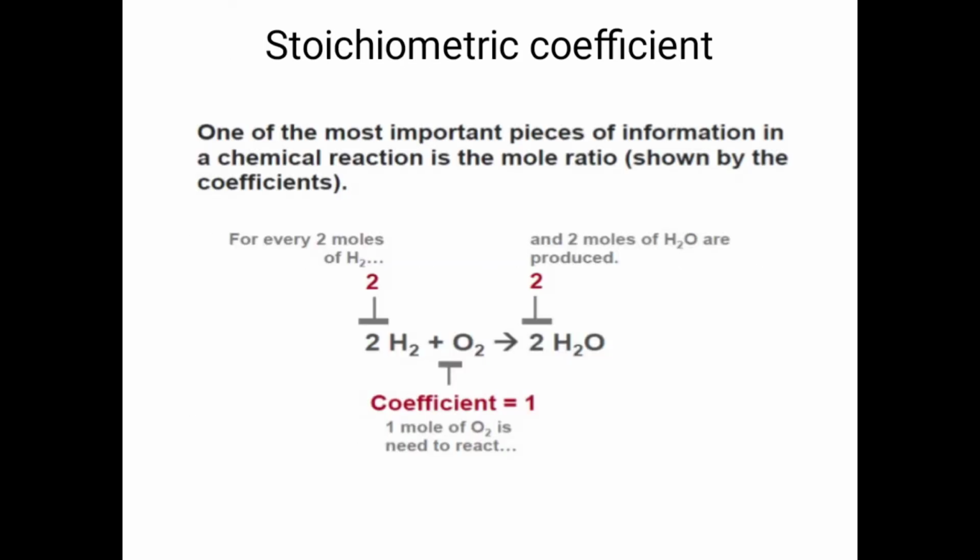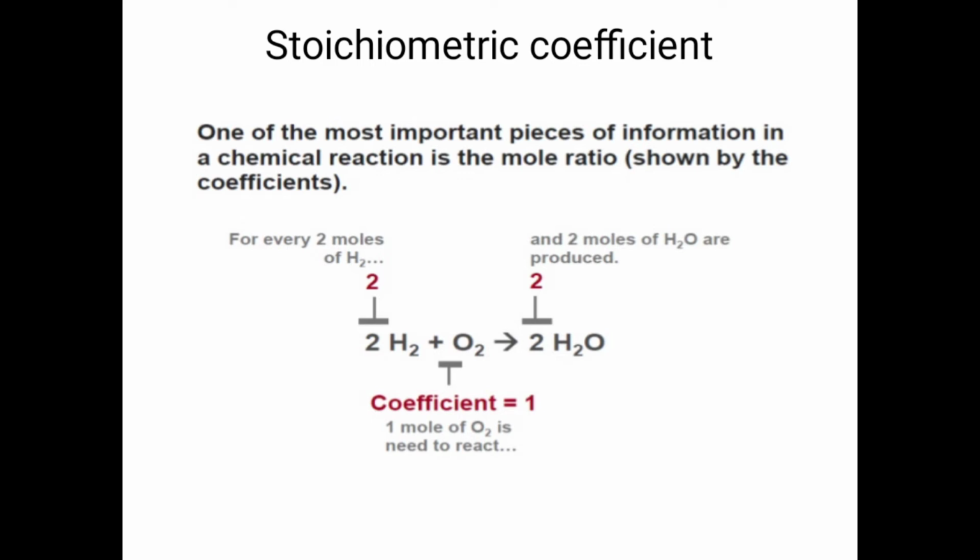Now let us discuss what a stoichiometric coefficient is. Consider the reaction 2H2 plus O2 gives 2H2O, that is 2 moles of hydrogen react with 1 mole of oxygen and produce 2 moles of water.